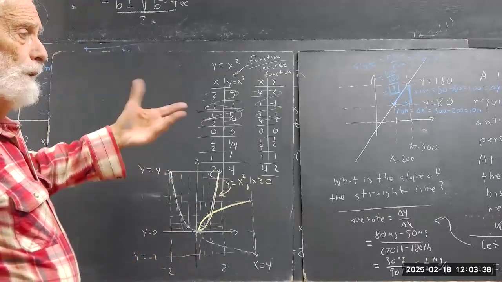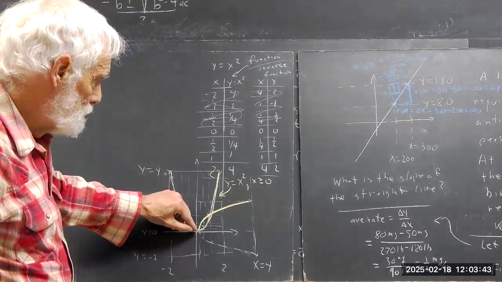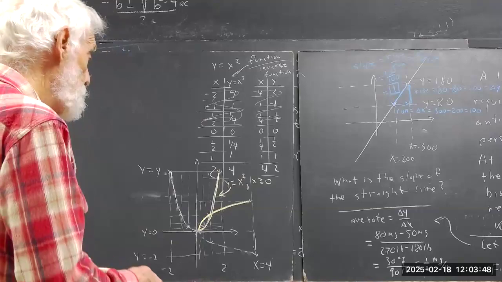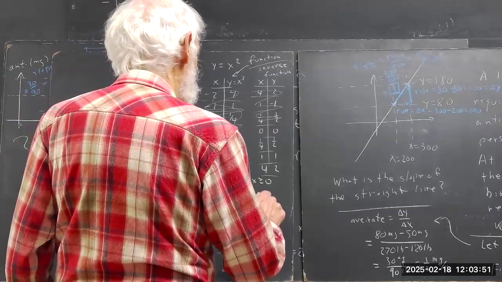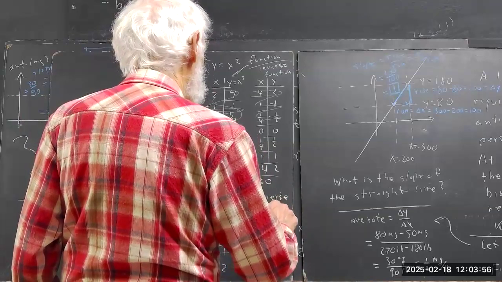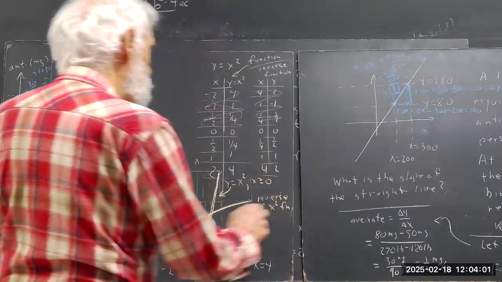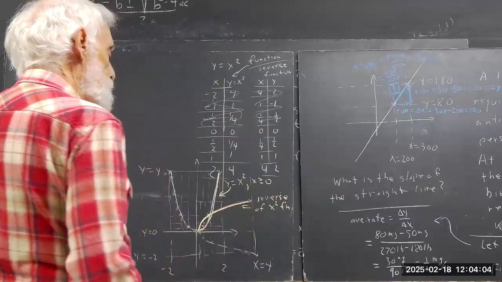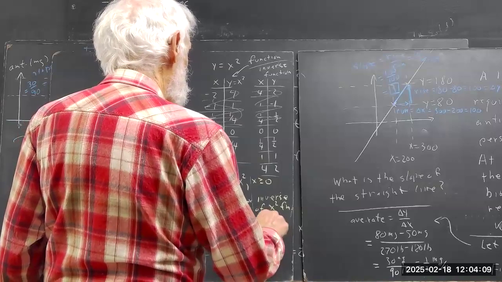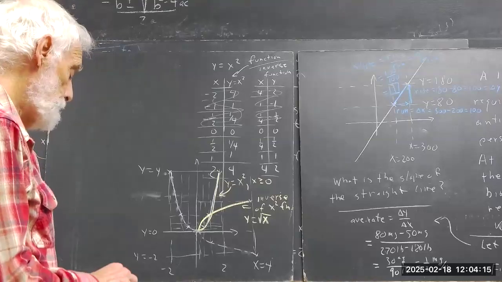It kind of looks like an upside down exponential, but more properly, the graph that just kind of starts right here and goes like this is a square root function. Okay. Of the x squared function. It's a square root function.